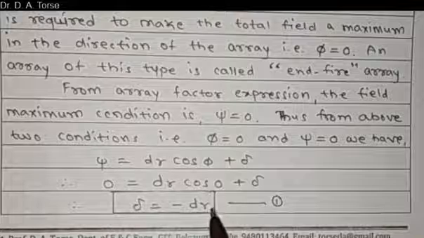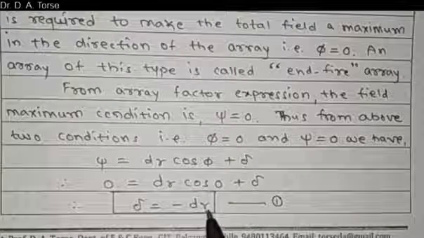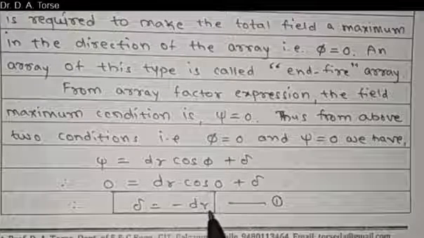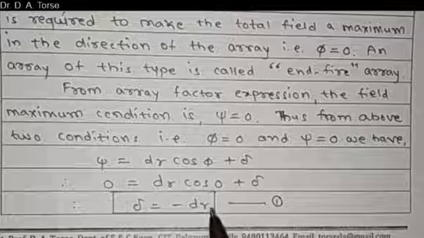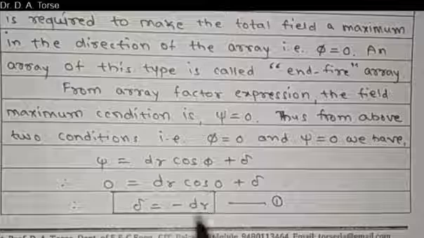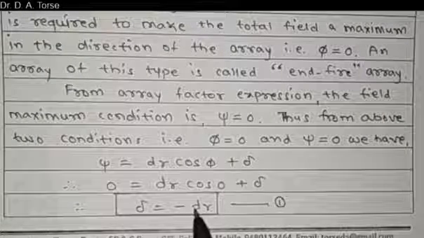This is a very typical representation of an end-fire array: in case of end-fire array, the value of delta is always minus dr, and in case of broadside array, the value of delta is always 0.